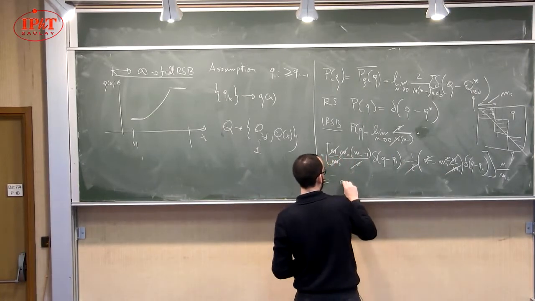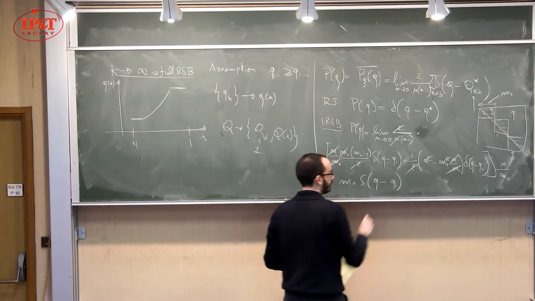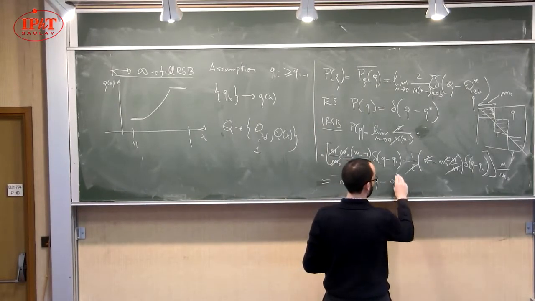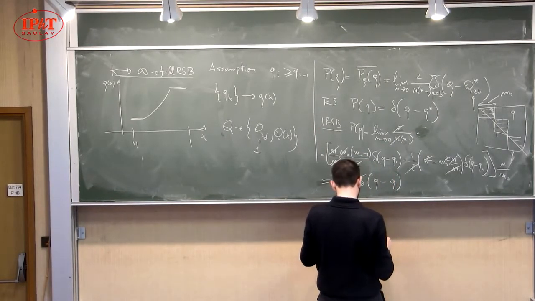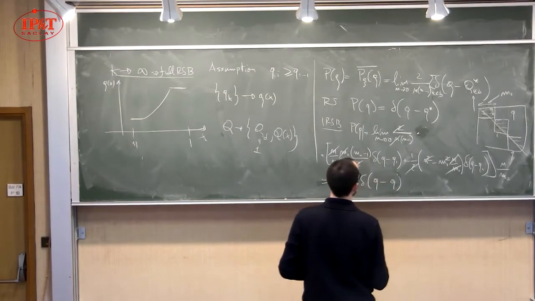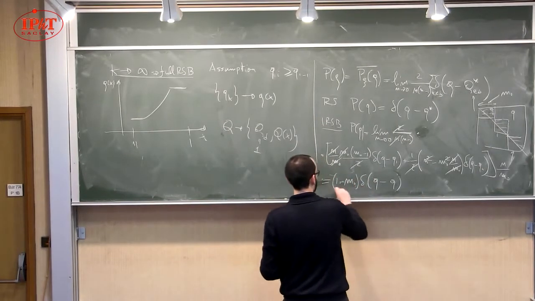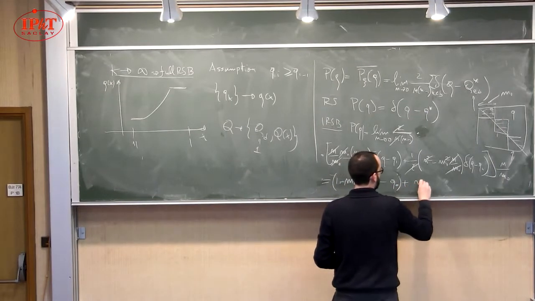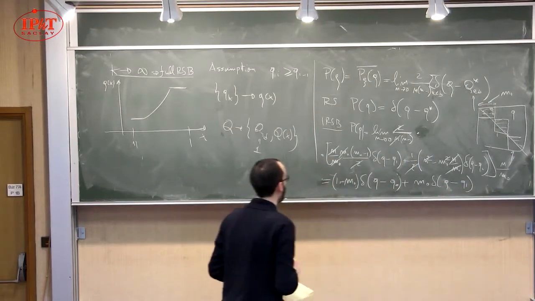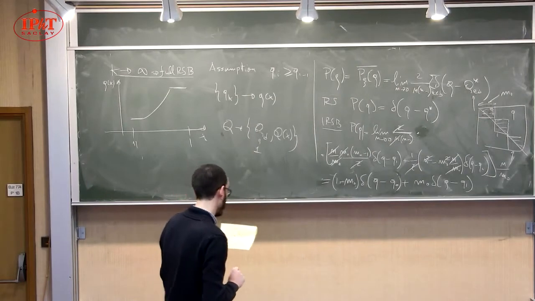So you have m0 times delta... sorry, let me see. 1 minus m0, q0 plus m0... no, I made some mistake, sorry.